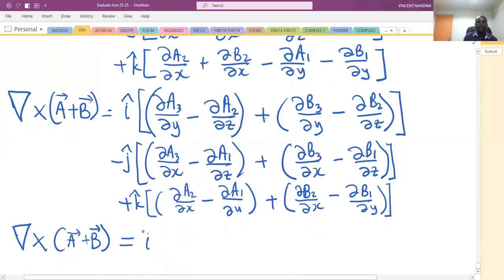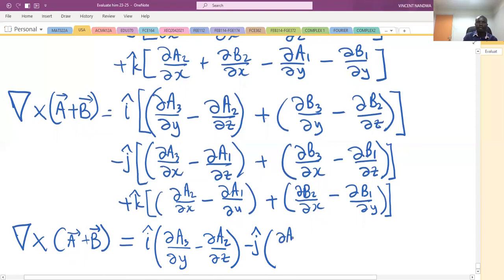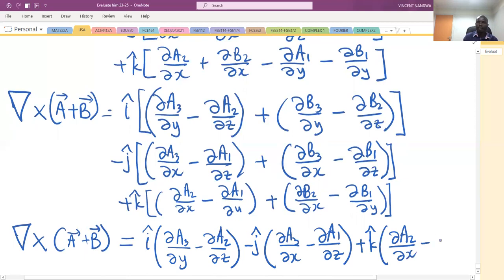So you have i, partial A3 partial y minus partial A2 partial z, minus j, partial A3 partial x minus partial A1 partial z, then plus k, partial A2 partial x minus partial A1 partial y.